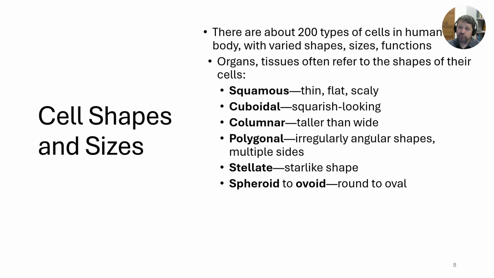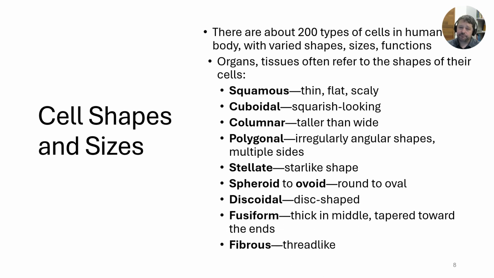Sometimes the function is perfectly fit for that cell. Other times, the cell might change shape over time. Okay? Discoidal, fusiform, fibrous. Okay? All of these different cells obviously have different shapes because they have different names for the shape, but a lot of times they'll have different functions.